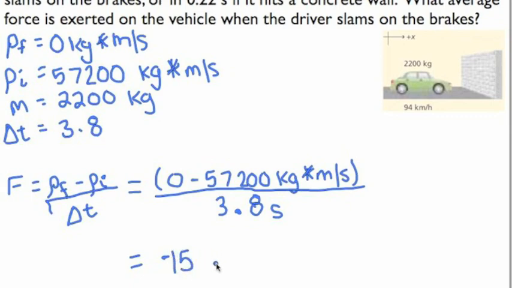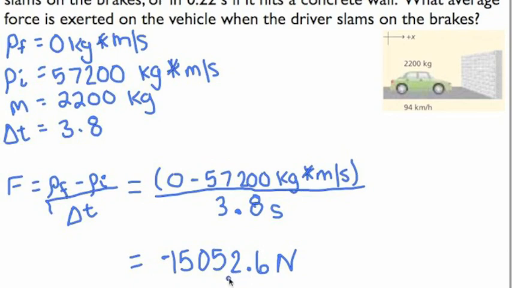Remember, we've got that law of inertia that an object in motion stays in motion unless acted on by an outside force. So this is a pretty big force, right? This is 15,000 newtons. If you're slamming on the brakes, this isn't even like hitting the brick wall yet. So you can see it's increasing.